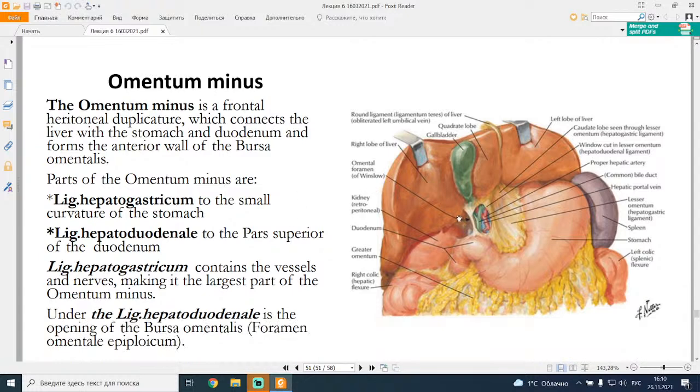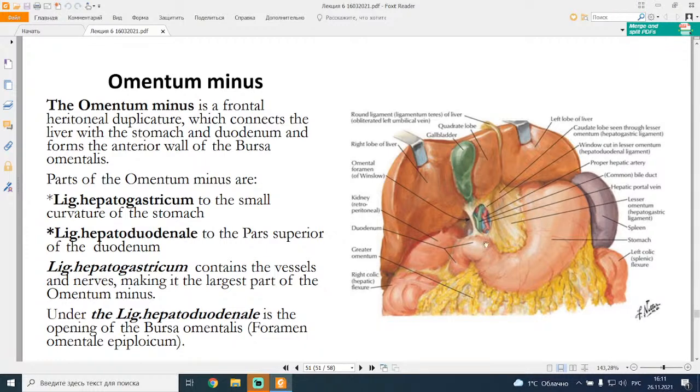The omentum minus is a frontal peritoneal duplicature which connects the liver with the stomach and duodenum, and forms the anterior wall of the bursa omentalis.